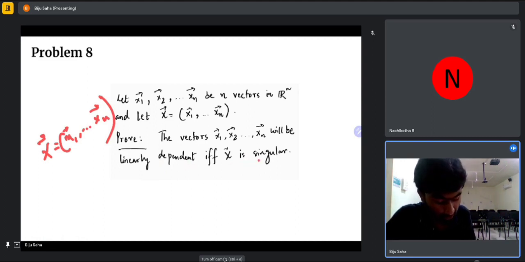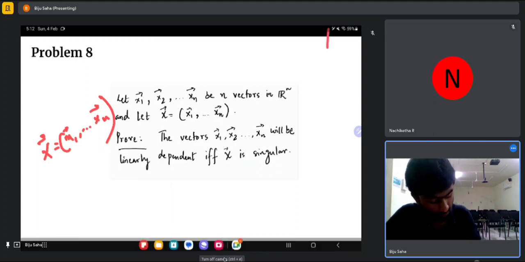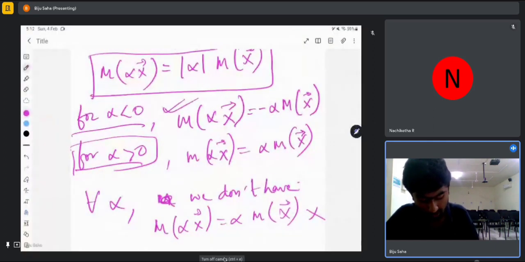That is something we have to prove, that the determinant of the x vector is equal to 0. So let's go about solving that.